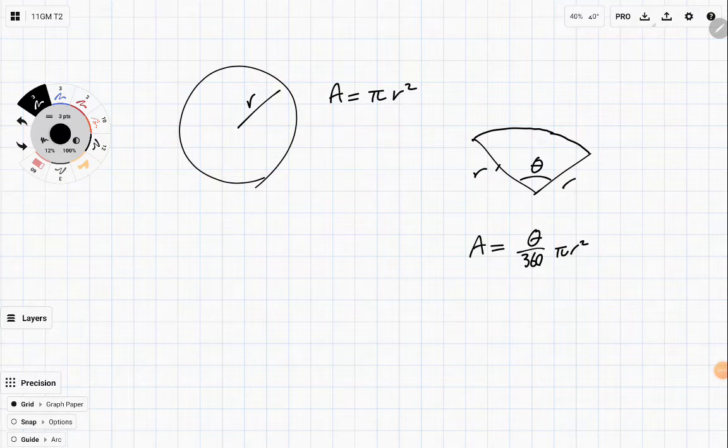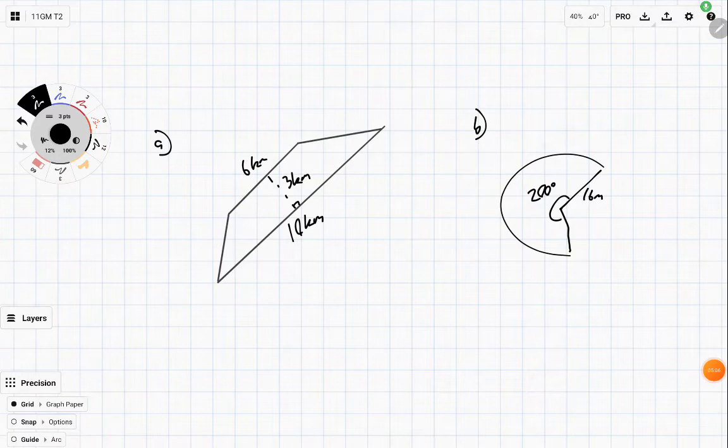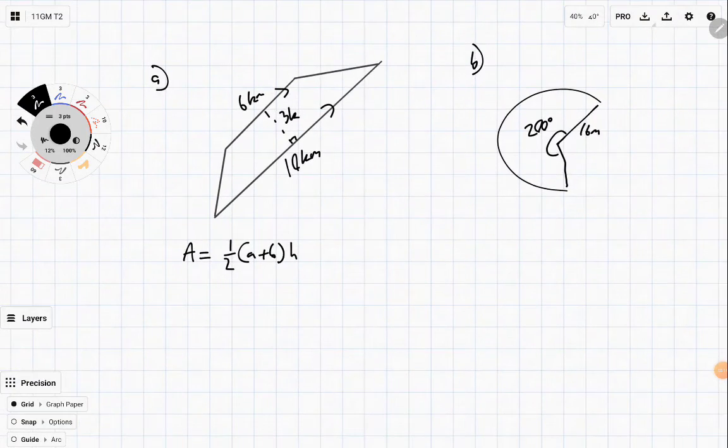Alrighty, so that is all of our different shapes. Let's do a few practices. Alrighty, the first shape is a trapezium. We can tell because we have two sides going the same direction and their opposite sides are different lengths. So area is equal to half a plus b times h, maybe a plus b h. a is going to be 6, b is going to be 10, and h is going to be 3.